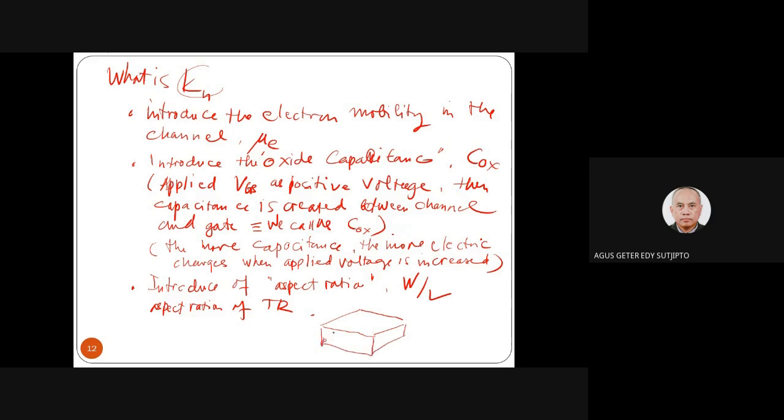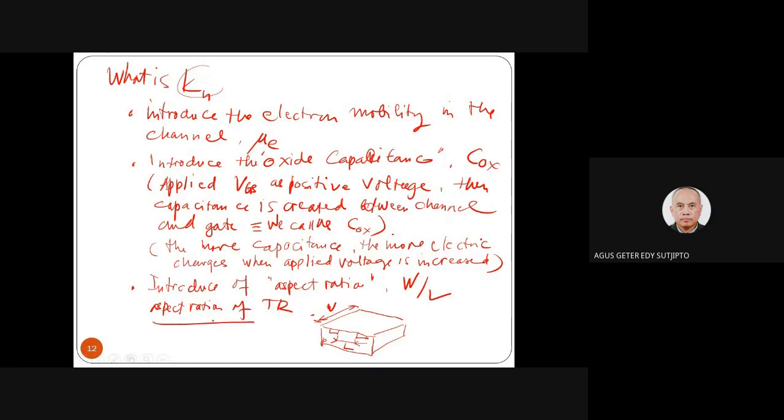This is P, and then this is heavily doped N source, heavily doped N drain, and then we have here this length, and then we have width, width here W. So the width of the transistor, and then the length of the channel region. So this is the aspect ratio of the transistor.